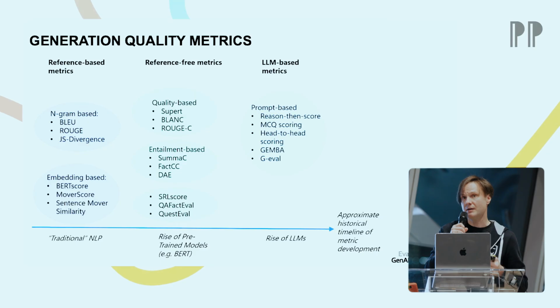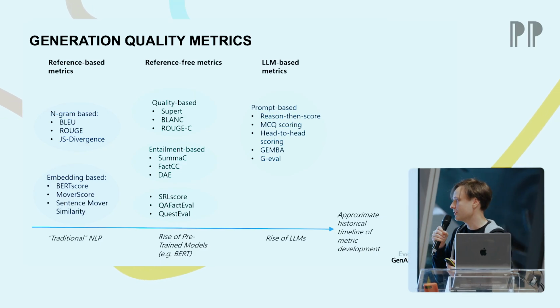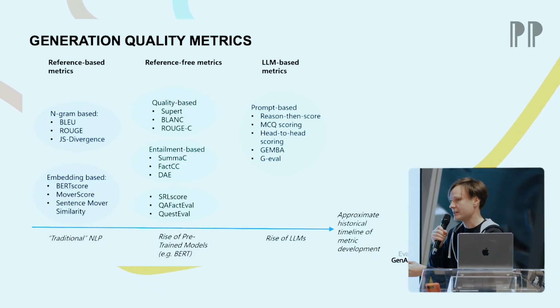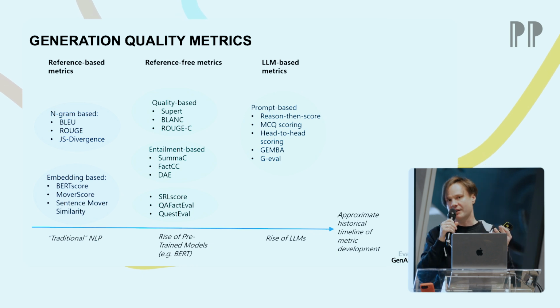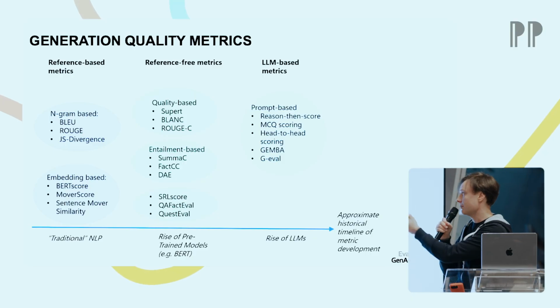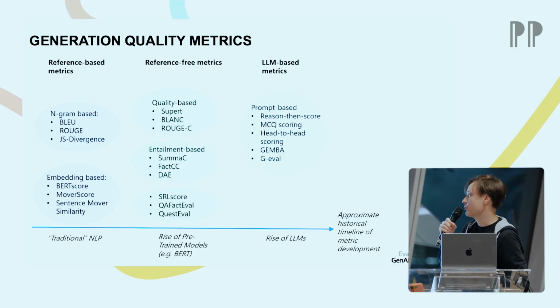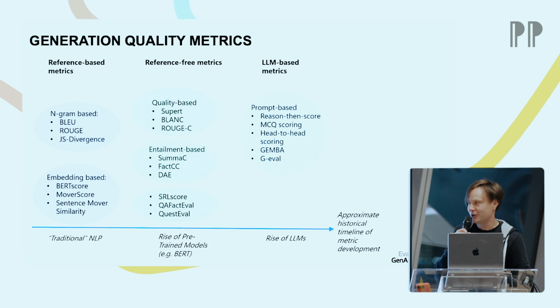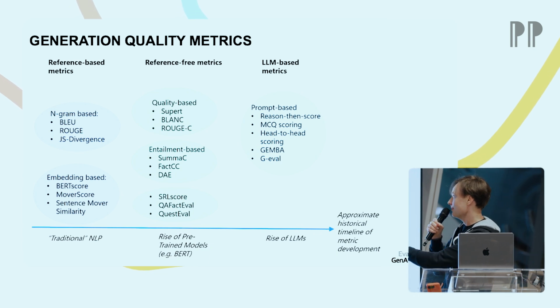If we move on to AI quality metrics, these have evolved over time, starting from traditional NLP ones. Basically, it's a mathematical evaluation of how good the response from your model and prompt is compared to some reference. There are reference-based metrics and reference-free metrics.